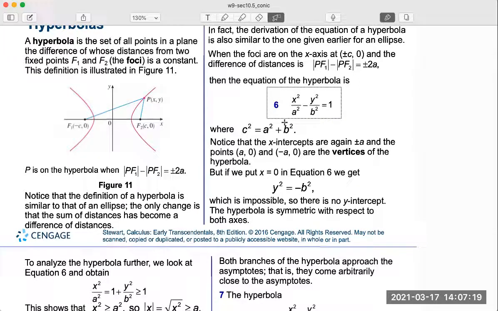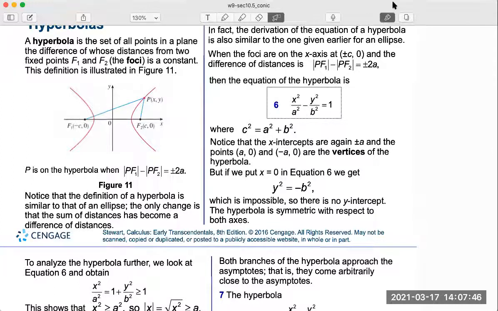Remember, in front of this, we have a negative sign. X squared over A squared minus Y squared over B squared is equal to 1. This is the only difference between this hyperbola and an ellipse, right? The ellipse, it is positive, but here it has a negative sign. So it's very confusing.